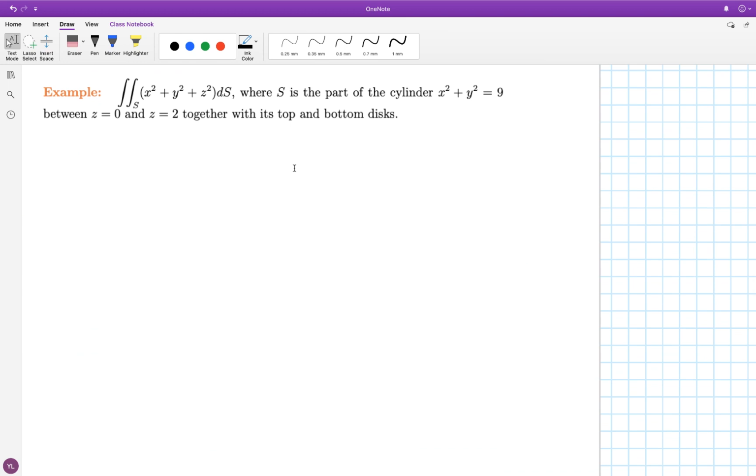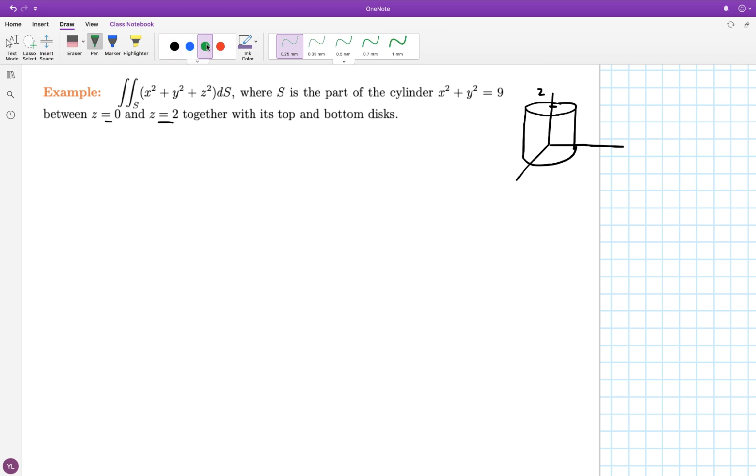In this example, I'm asked to compute the surface integral of a three-variable function over a part of a cylinder together with a top and bottom disk. So let me draw for you what this surface looks like. You've got your cylinder x squared plus y squared equals 9, and you're cutting it off at the xy plane and the plane z equals 2.